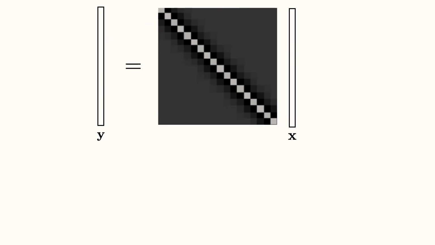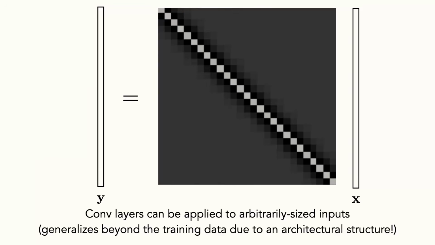Another nice benefit is that because this thing has zeros almost everywhere except just above and below the diagonal, this can generalize to different input sizes, because you can take that same weight matrix and scale it. It's not going to change anything about the model you've learned. That means convolutional layers can be applied to arbitrarily sized inputs, which generalizes beyond the training data in a really nice way.